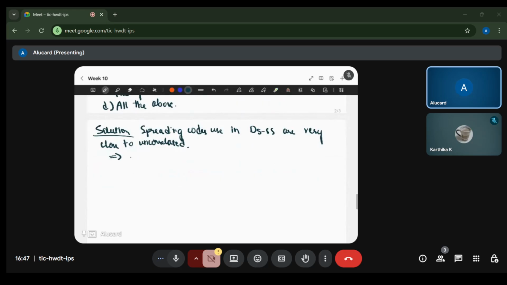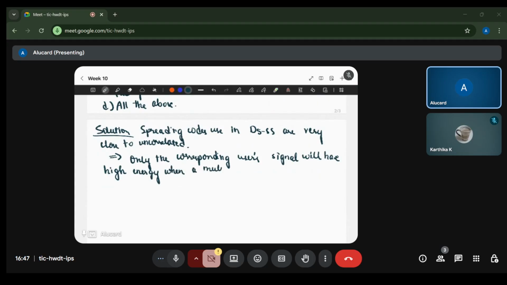What that means is only the corresponding user signal will have high energy when a multi-user DSSS signal is correlated with a particular user's spreading code.